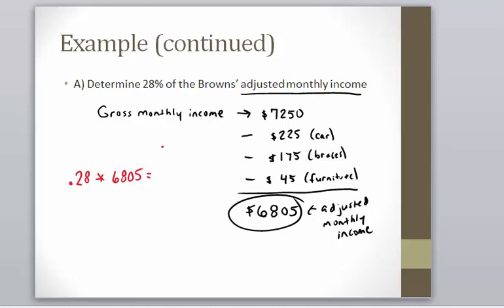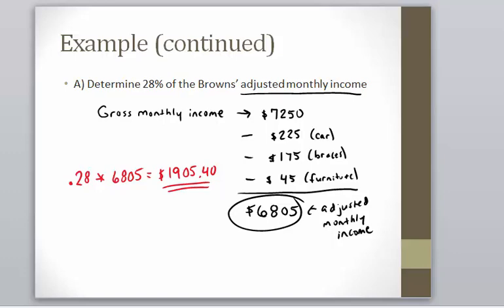So 0.28 times 6805 gives me $1,905.40. This is the answer to Part A. Part A is asking for 28% of the Browns' adjusted monthly income, so we first calculate the adjusted monthly income and then multiply it by 0.28.